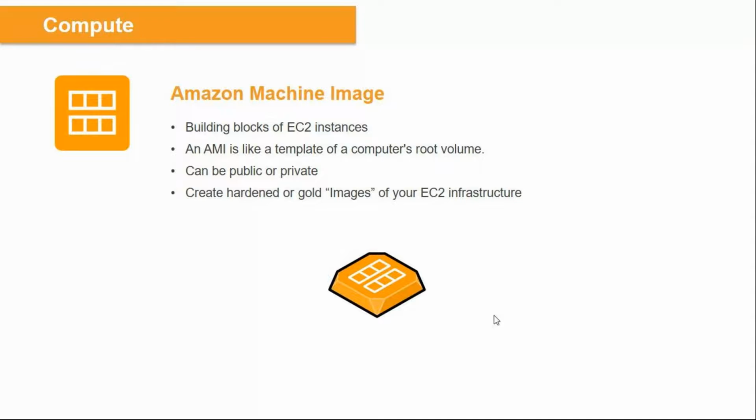Once you have created a VM, you can install your application. Then AWS gives you the option to create an image of that instance also, which will be your custom virtual machine instance.